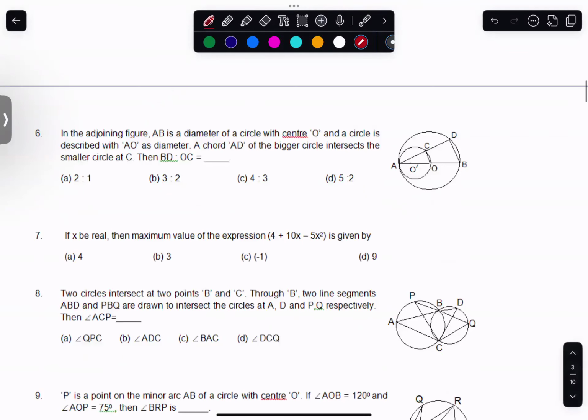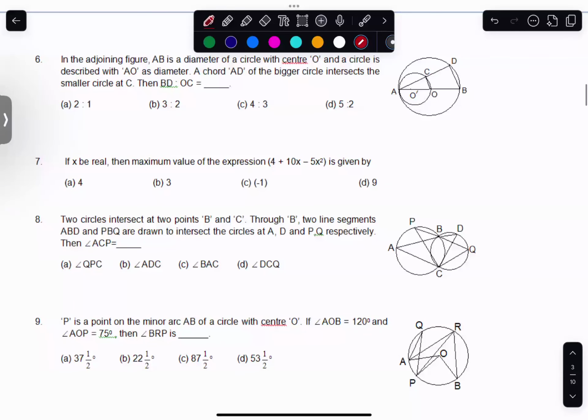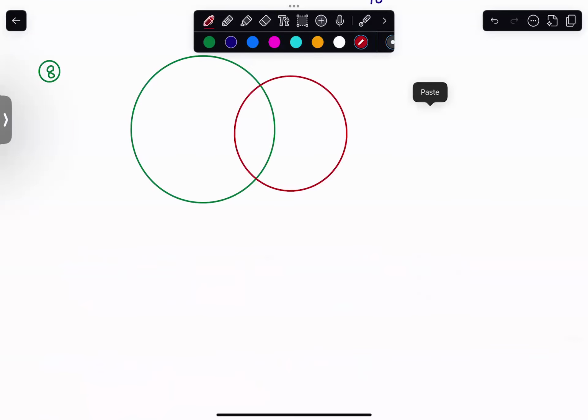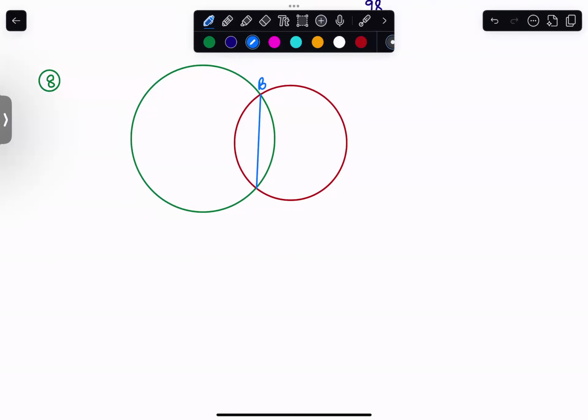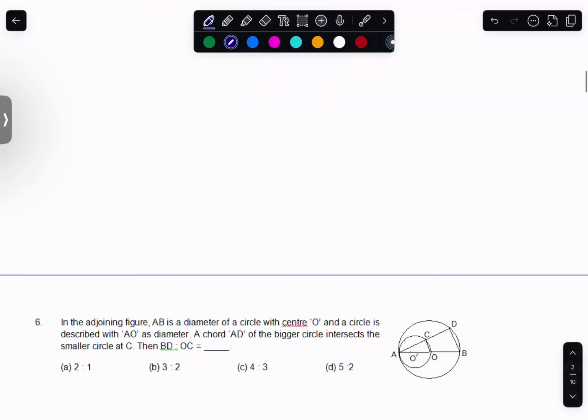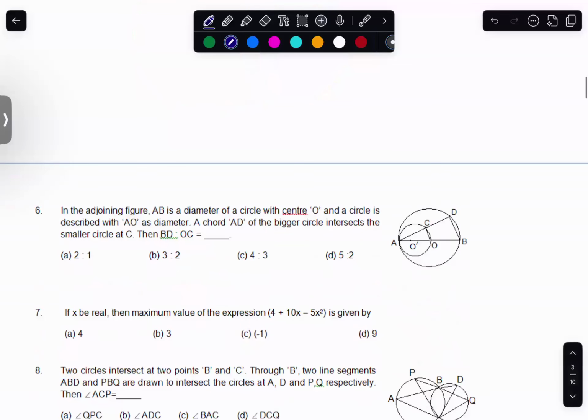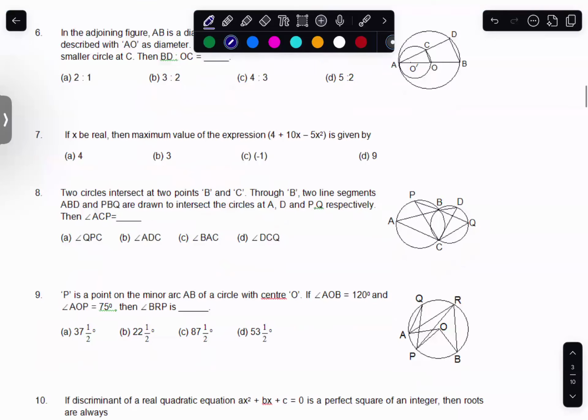So it's been said BC is the common chord. Now two lines are drawn through point B. This one is PBQ and ABD.